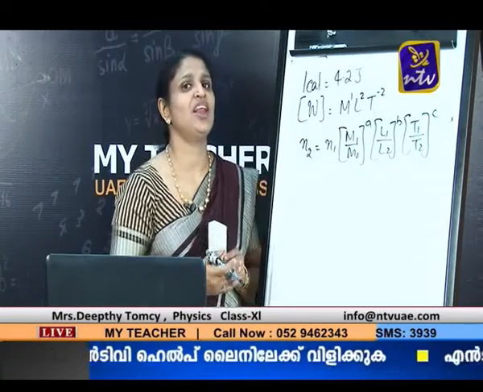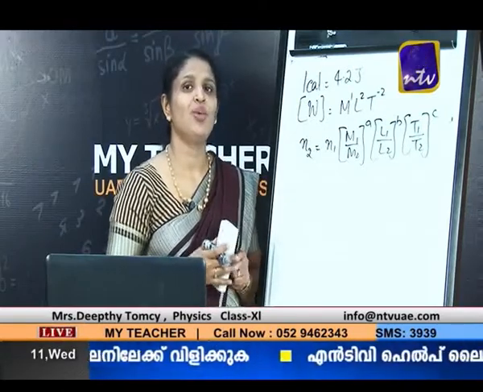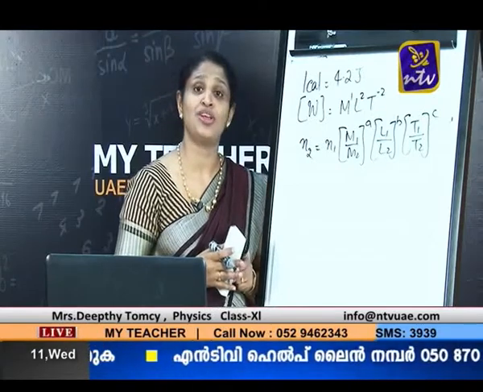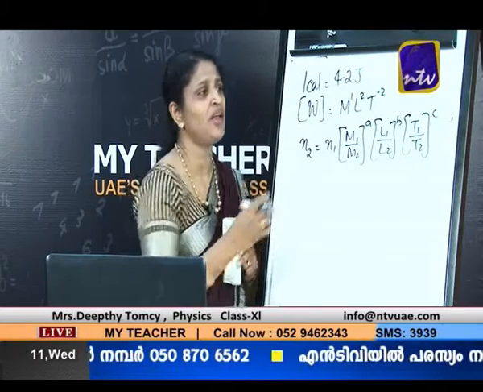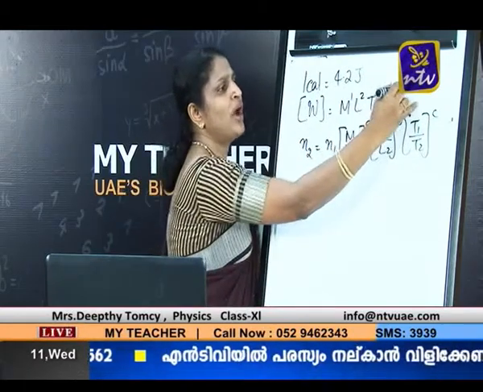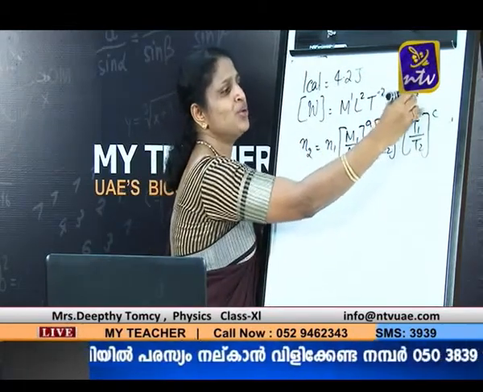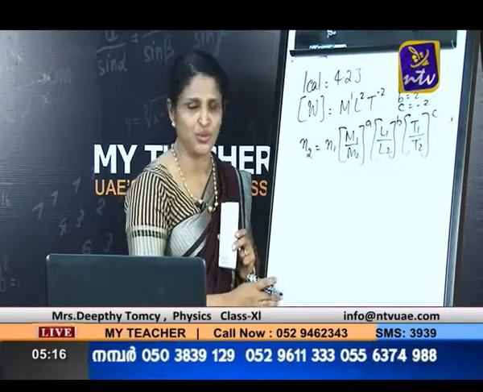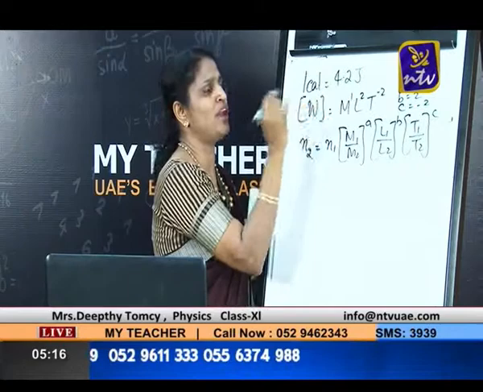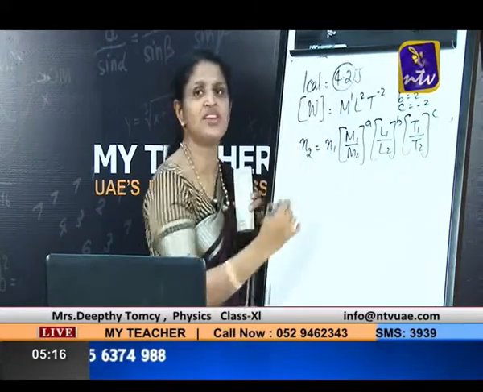You can see very clearly in the equation that work done is represented as M raised to 1, L raised to 2, T raised to minus 2. That shows that a's value is equal to 1, b's value is equal to 2 and c's value is equal to minus 2. And what is the value of n1? n1 stands for the given system.